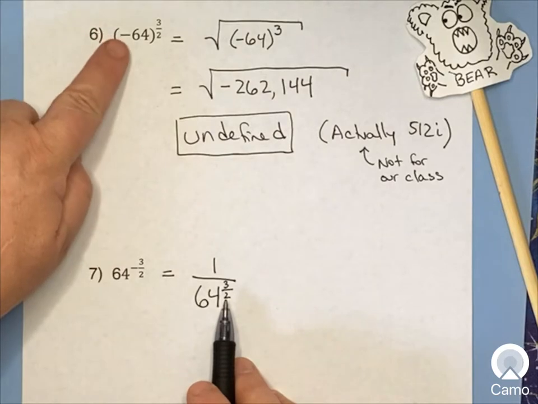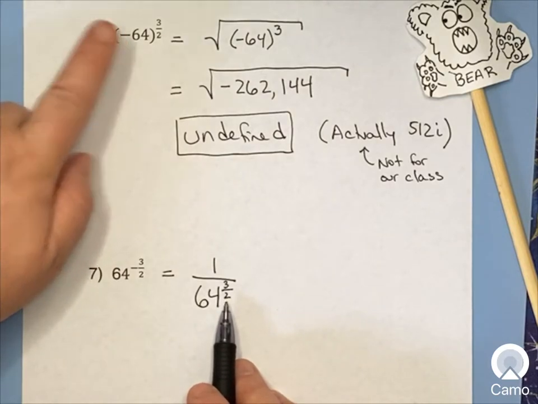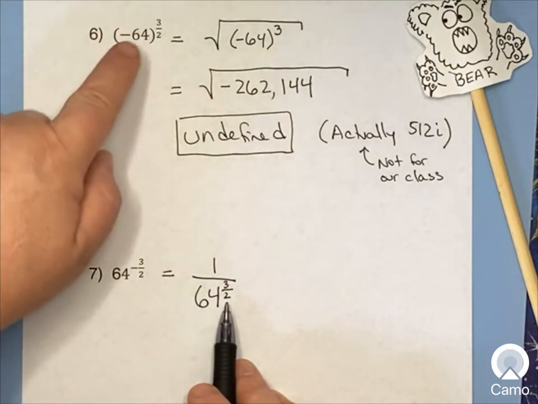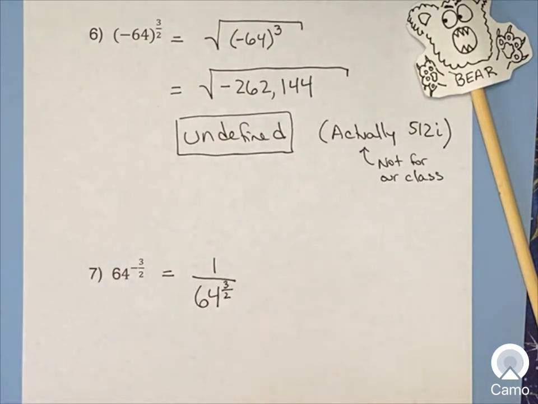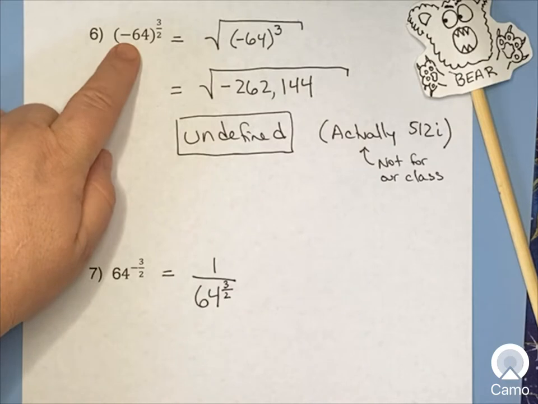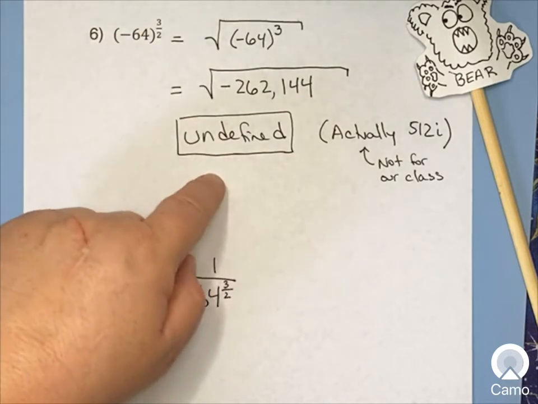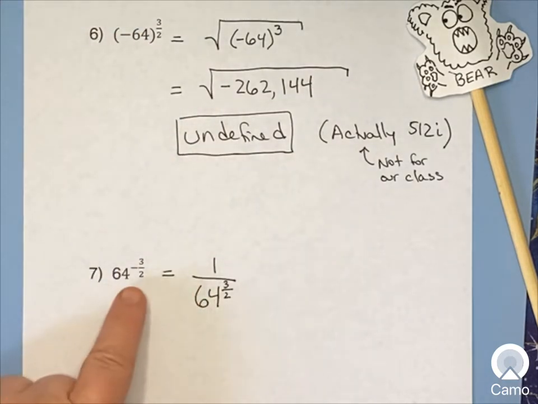Notice the negative on the 64 does not do that. So minus signs in different places cause completely different situations. A negative base leads to it being undefined in this case. A negative exponent merely means you're in the denominator.